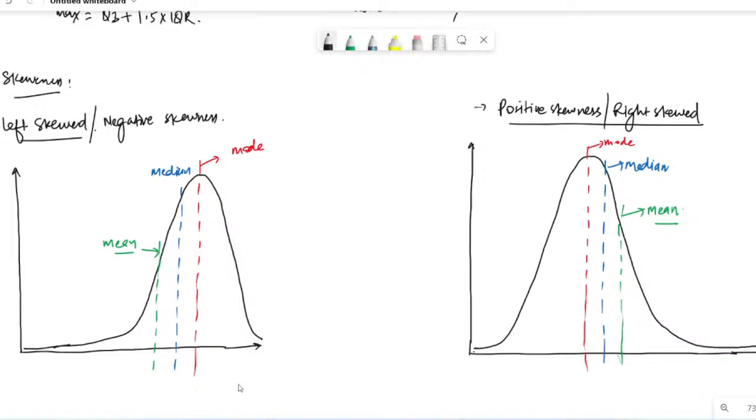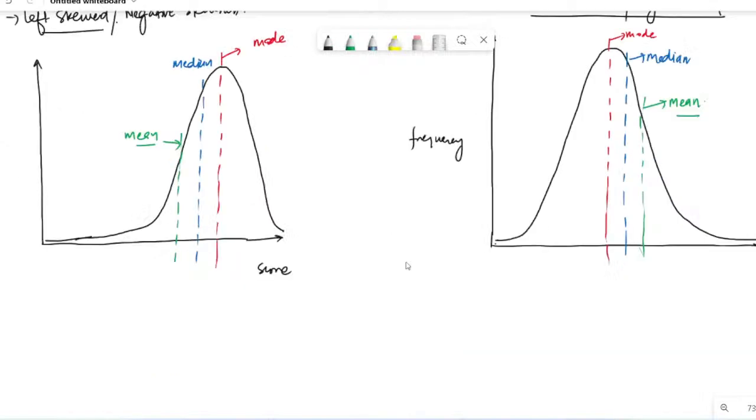This is the score, let's say marks, and this will be your frequency. In these types of distribution, there is a great chance that you'll have outliers. The long tail will decide your sample distribution here, and the median line will also be somewhere in between.